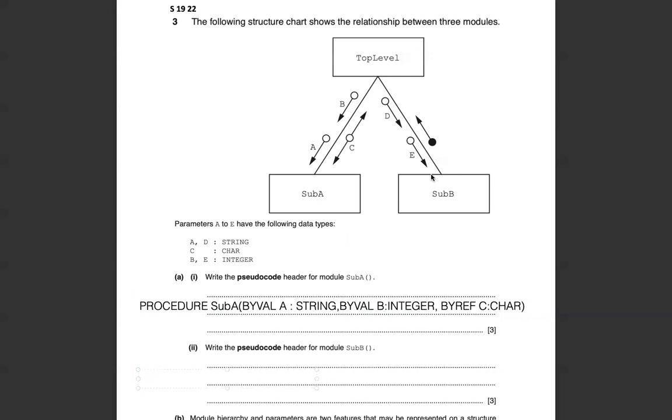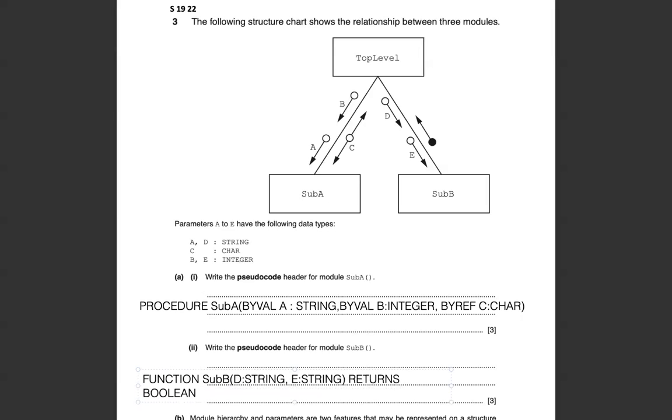Now in this case, this is a function because it's returning a value. So we're going to call it function sub B, and it's taking two parameters, D of type string and E also of type string, and it returns boolean.